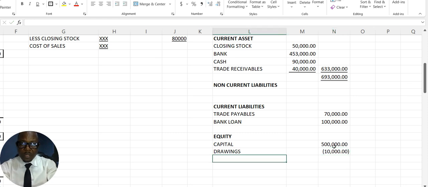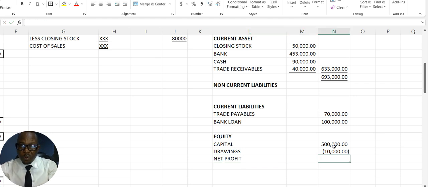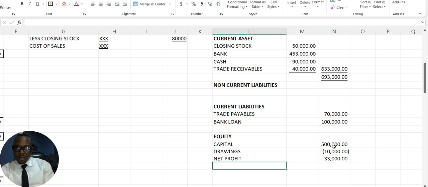I hope that's clear. The next thing you're going to put here is the net profit you made from your trading profit or loss account, which is how much? I think it should be 33,000.